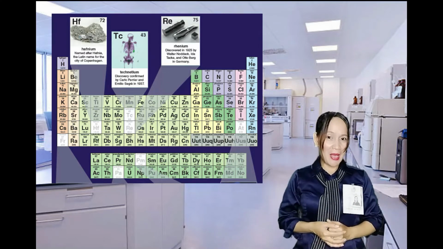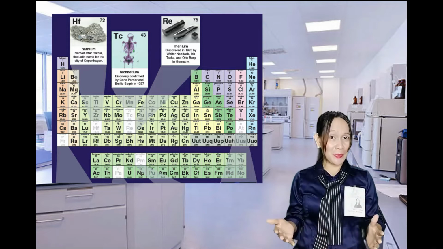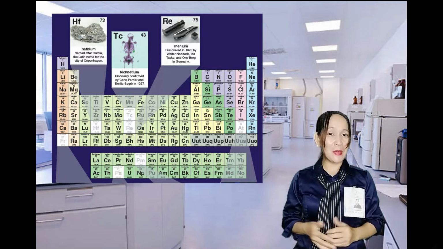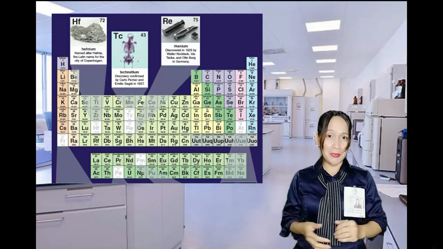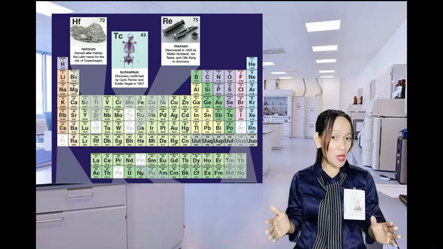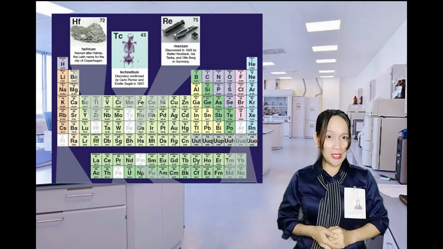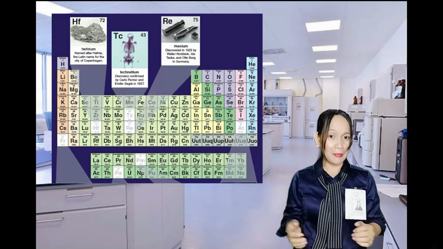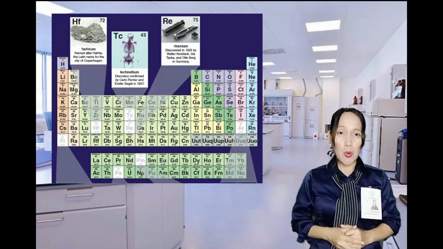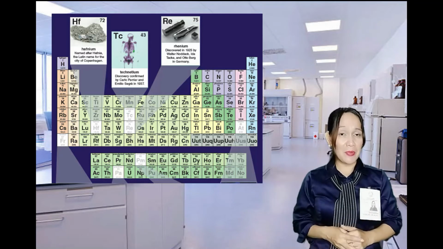Moseley identified gaps in the periodic table for technetium with an atomic number 43, promethium with an atomic number 61, and rhenium with an atomic number of 75. But he missed hafnium, which has an atomic number of 72 because its discovery had been erroneously claimed.